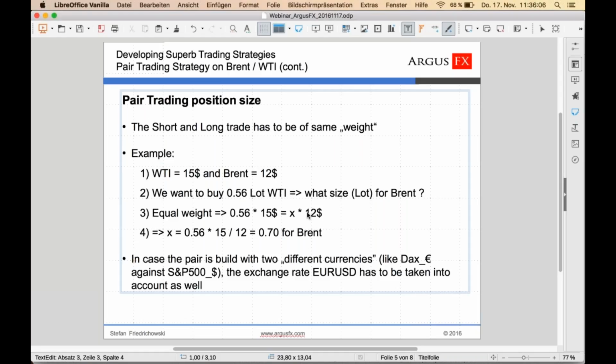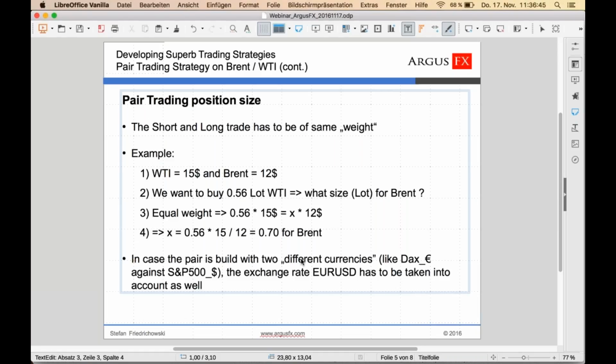By the way, one additional remark here: if you want to create pair trades, and I simply in brackets name them within different currencies. What do I mean with that? There's a quite nice or easy example. If you consider the DAX, all DAX trades are euro-related trades, or you even might name the DAX itself and give it a euro behind the number. So not the DAX is at 11,000.